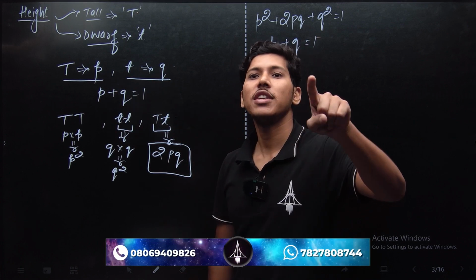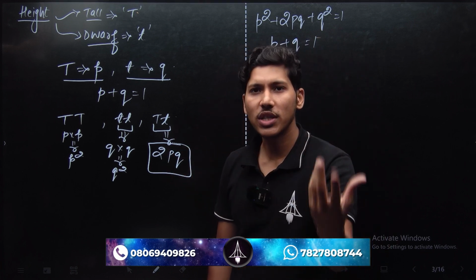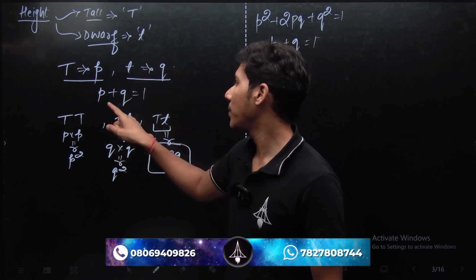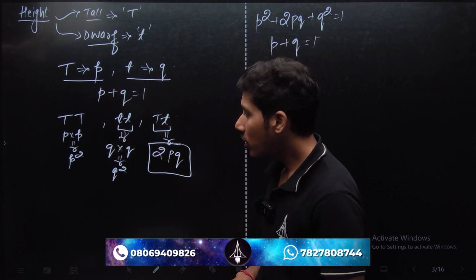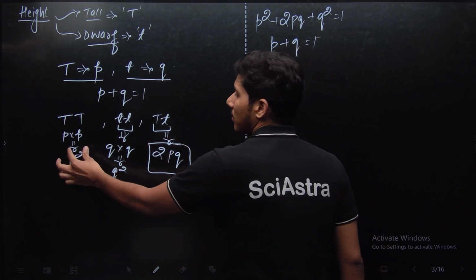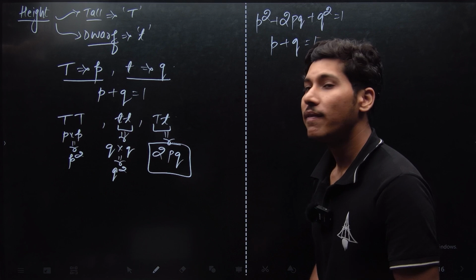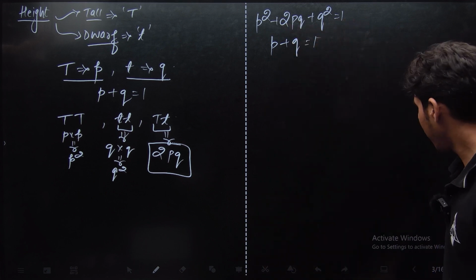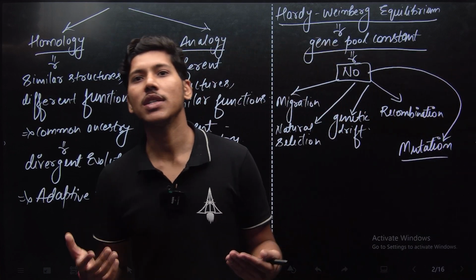If a population is not evolving, or if the gene pool of a population is constant, then the sum of their allele frequencies will be equal to 1, p plus q equals 1. And also their genotypic frequencies, p square plus q square plus 2pq, will also sum up to 1.